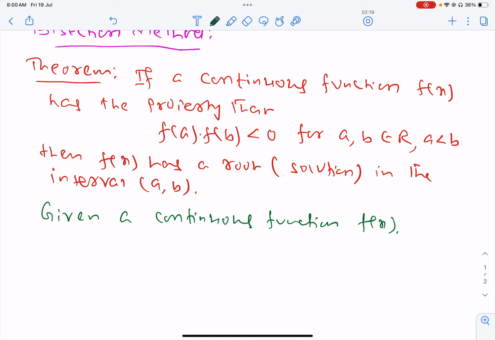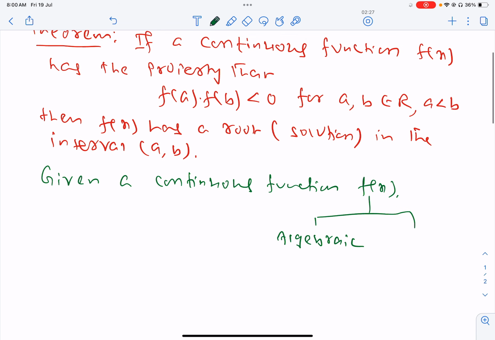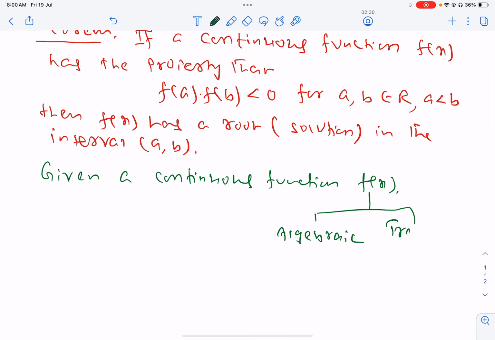It may be algebraic or it may be transcendental, like x square minus x minus 3, or like x sin x minus e power x.